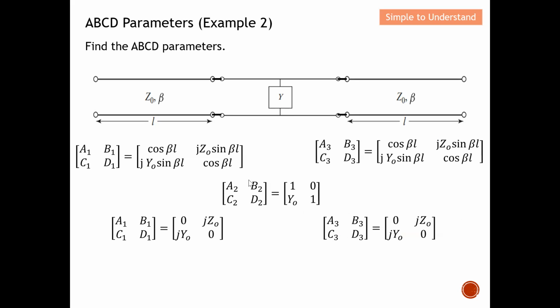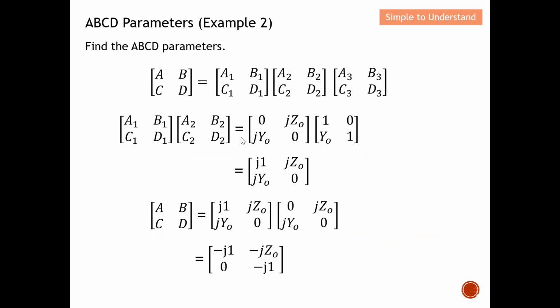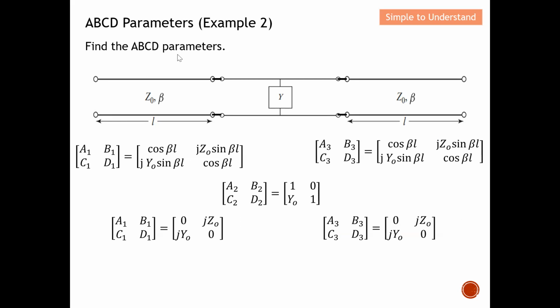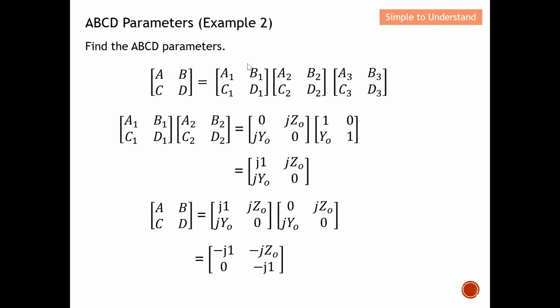Then I will be able to find the overall set of ABCD. So this is how I find the final total ABCD parameters of the whole circuit: the first set of ABCD multiplied by the second set, multiplied by the third set.